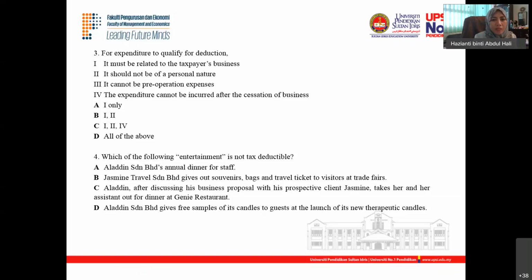So you have 4 different types of entertainment, and the question is which of the following is not tax deductible?